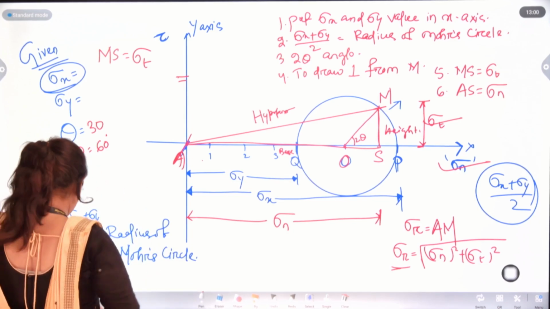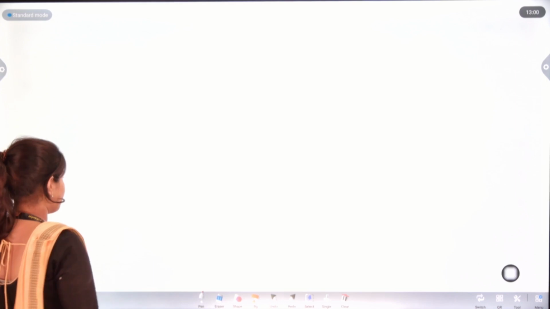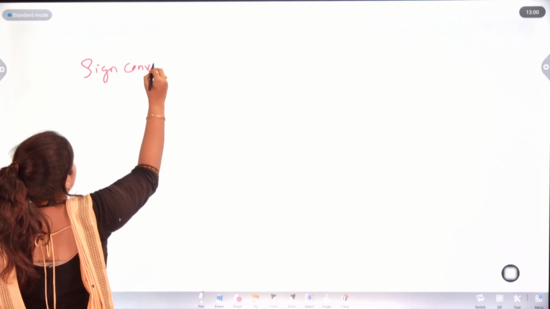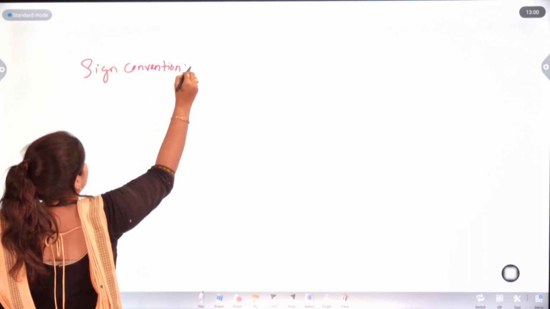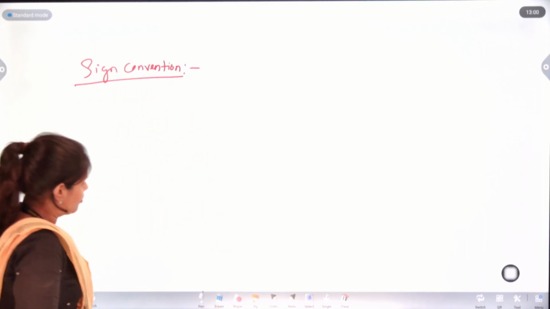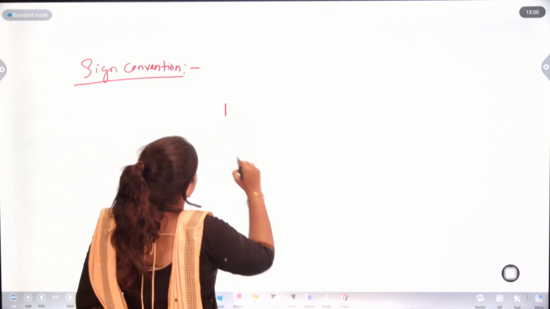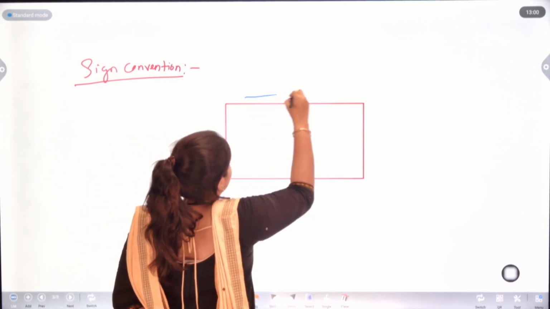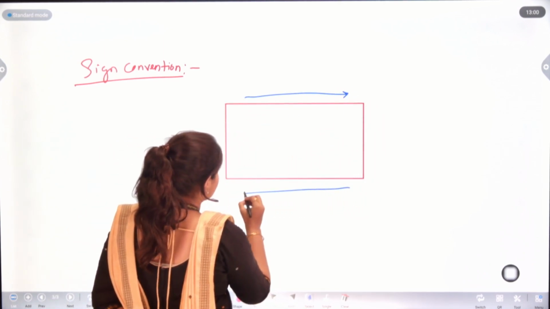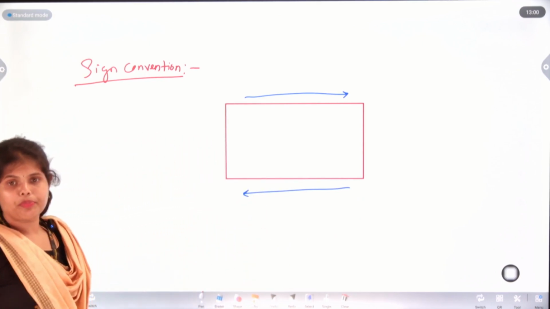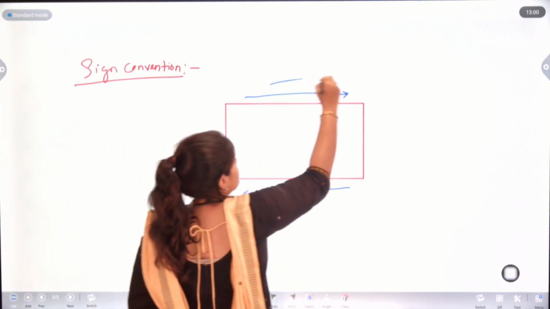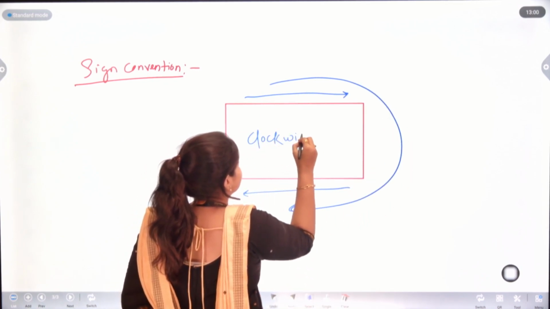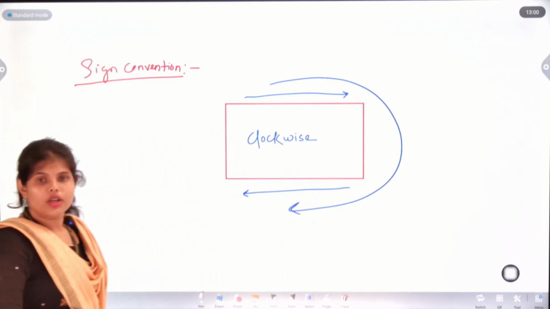Okay, so as I have already said, in case of sign convention, first, if we have the shear stress acting like this, this is nothing but your clockwise direction.